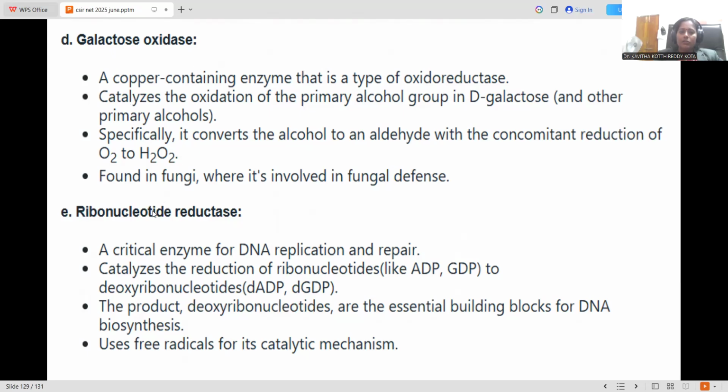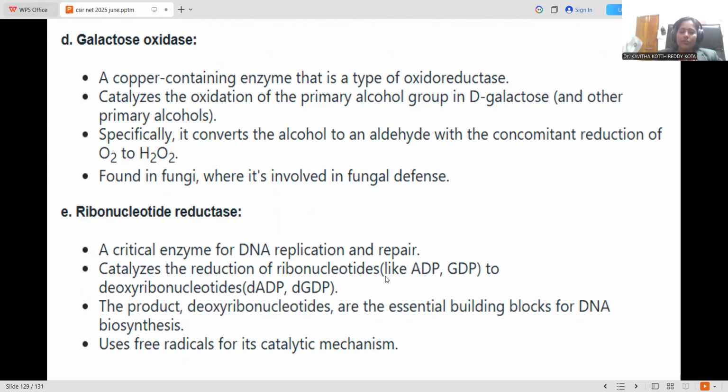This galactose oxidase is available in fungi and is involved in fungal defense, right? So fungal defensive activity is mainly due to the existence of this enzyme. Ribonucleotide reductase is another critical enzyme for the DNA replication and repair process. Whenever DNA gets damaged, ribonucleotide reductase is the enzyme that will work and repair that injured DNA.